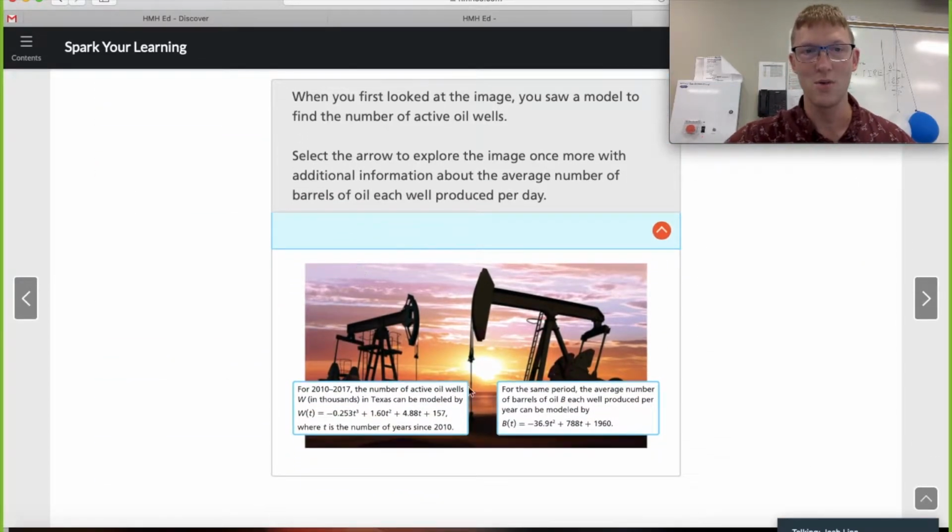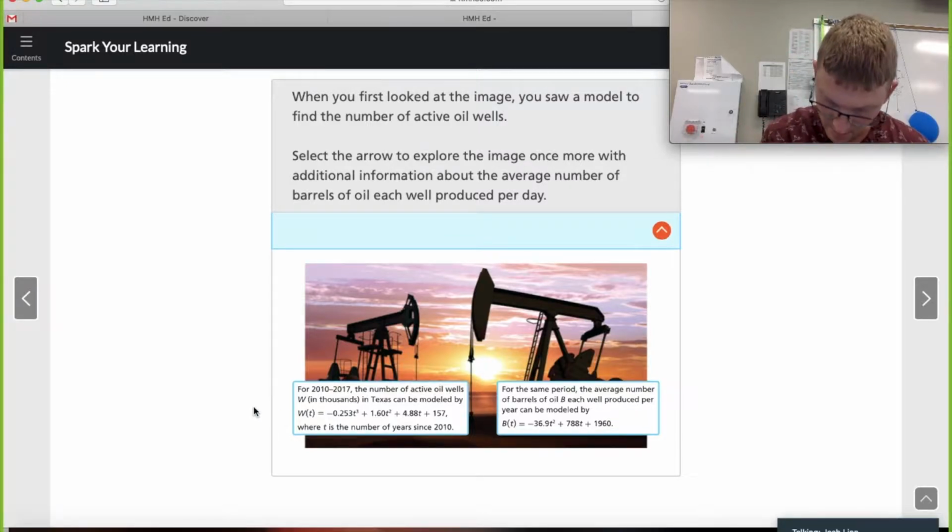So here we go. Here's our original equation. This is the number of active oil wells in Texas, and each oil well produces about this many barrels of oil each day. And so from there, we can figure out how much oil is being produced on a daily basis.